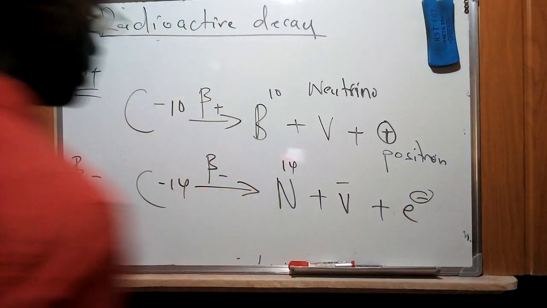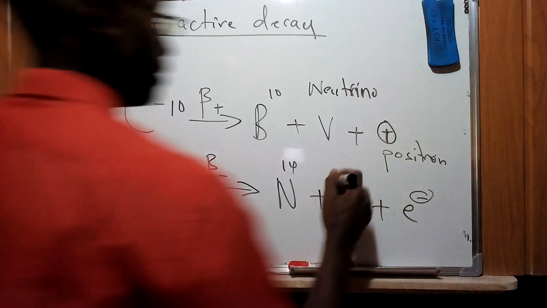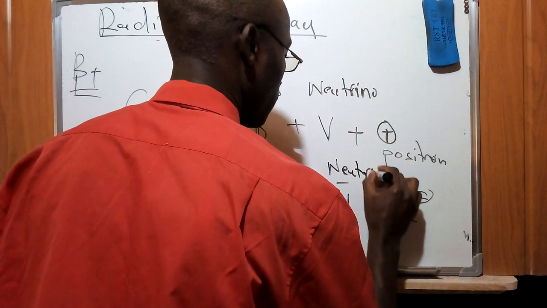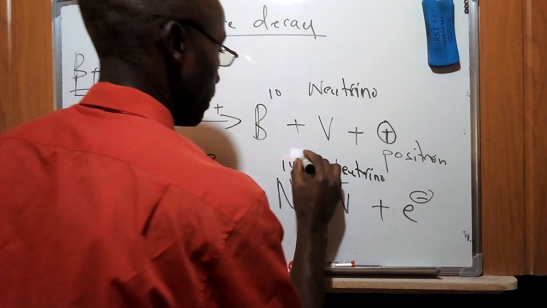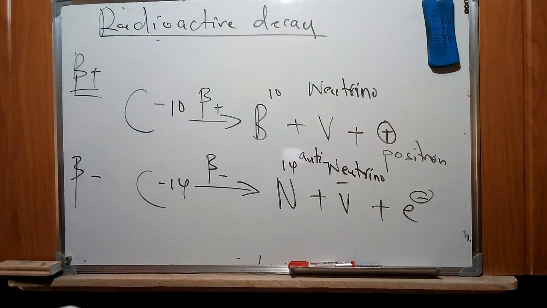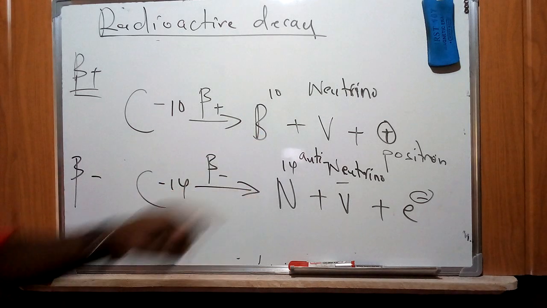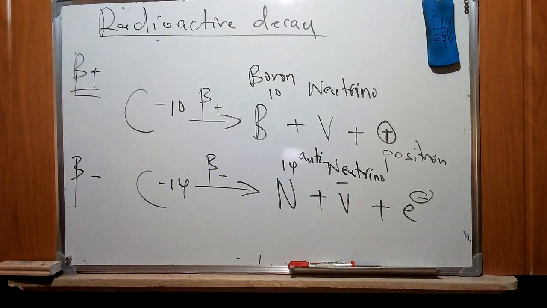So basically, if you look, this is a reverse process of this. A neutrino is formed there, but here it is an anti-neutrino that is illustrated using that bar over it. So therefore, we have a positron, an electron, and a formation of these various products. This is boron that is formed at that specific point.